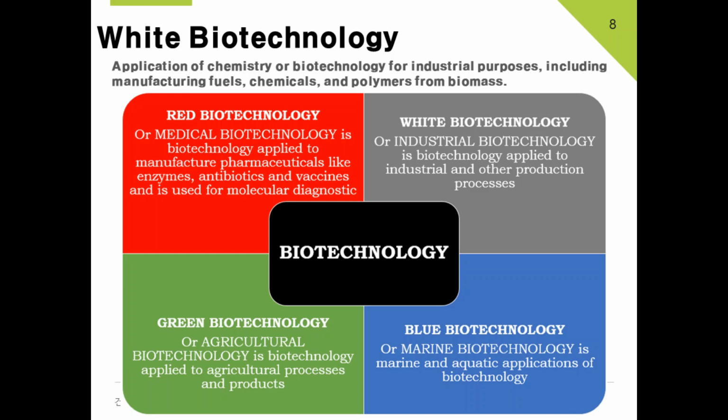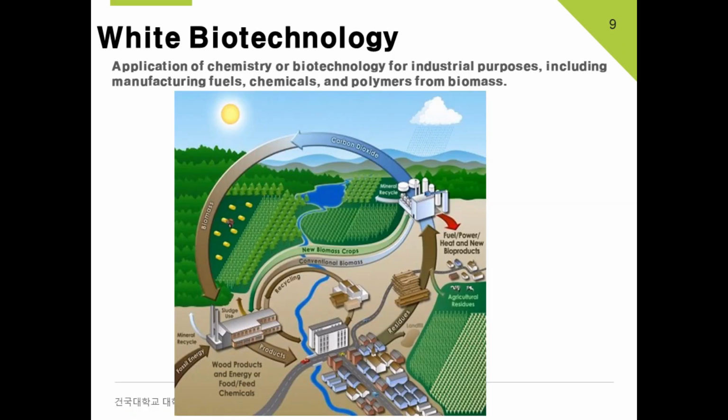It's the application of biology and chemistry for industrial purposes, including manufacturing of fuels, chemicals, and polymers from biomass. The three other types of biotechnology I'll just show here. Red is for medical biotech, white for industrial biotech, as I've just said, blue for marine biotech, and green for agricultural biotech.